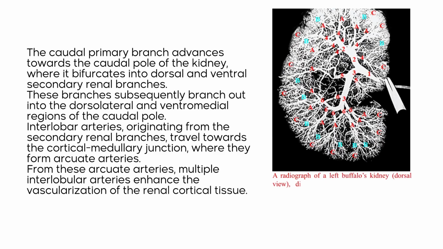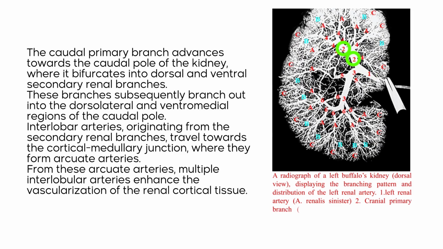A radiograph of a left buffalo's kidney, dorsal view, displaying the branching pattern and distribution of the left renal artery. 1. Left renal artery, A. renalis sinister. 2. Cranial primary branch, ramus cranialis sinister. 3. Caudal primary branch, ramus caudalis sinister. 4.